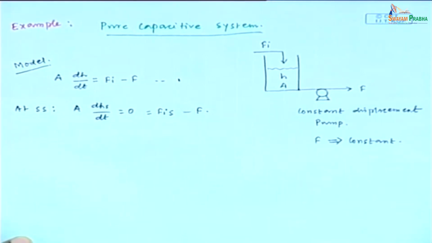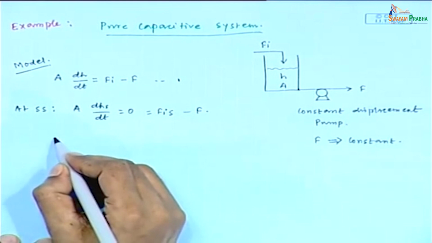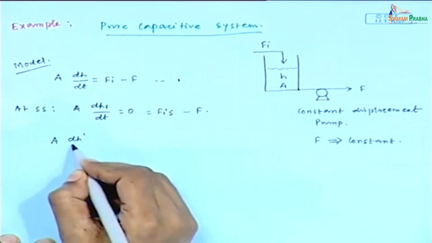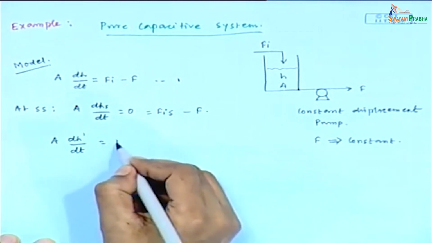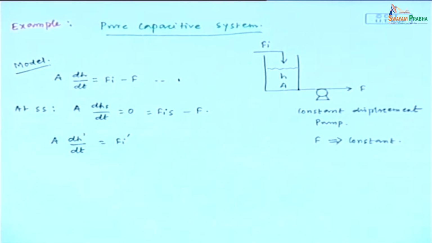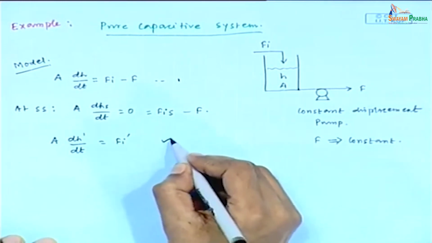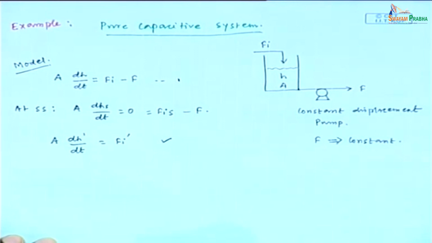Now, subtracting this steady state model from the actual process model, we get the equation in terms of deviation variables, that is this. Now, what will be the transfer function of this?